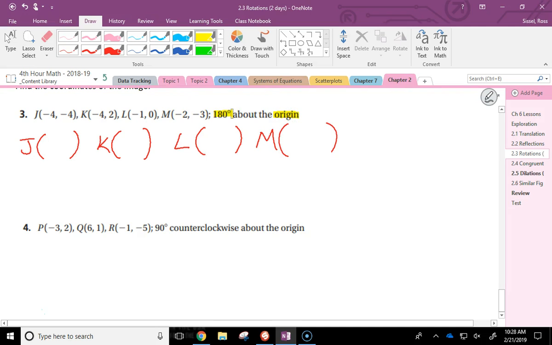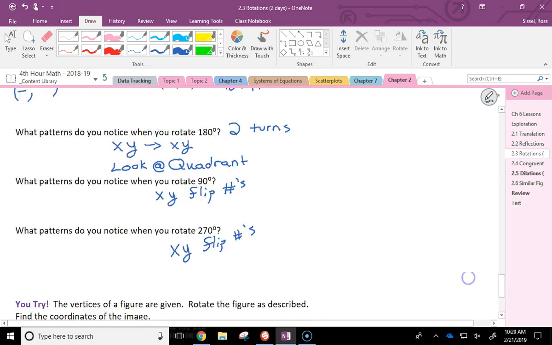Jordan, how many turns is 180 degrees? Okay, 2. With 2 turns, what's going to happen to my x and y? Are they going to stay the same, or are they going to switch numbers? Thank you, Jordan. I love that you said that because I heard 2 people say switch, and you didn't follow with it. 2 turns.